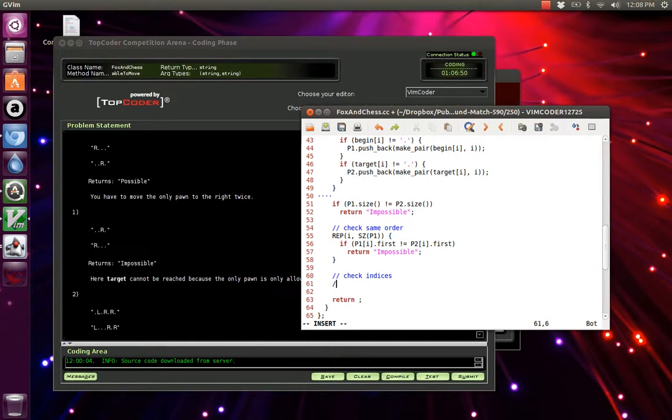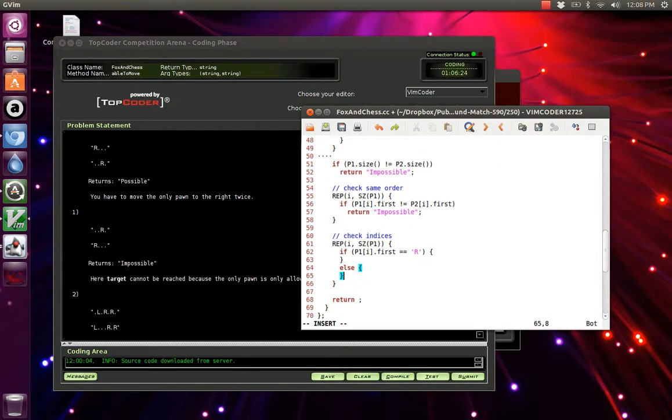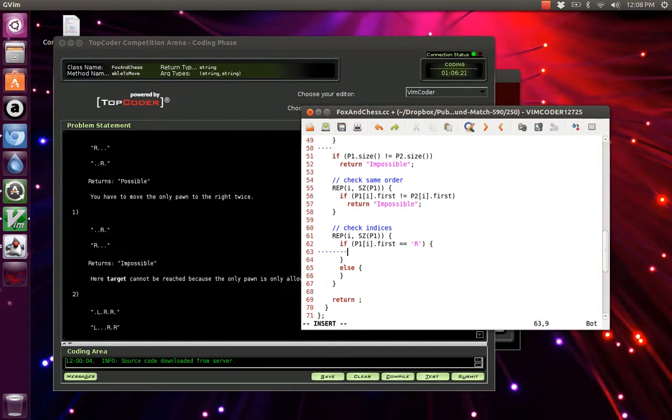So what about check indices? So now that we have determined that they're all in relative order, now can I move? I think that's what the next thing I'm doing. Can my pawn move to that place which I'm checking the indices? Okay, so if pi.first is equal to R, it's one of the pawns that moves to the right.